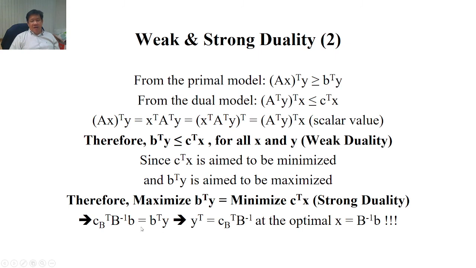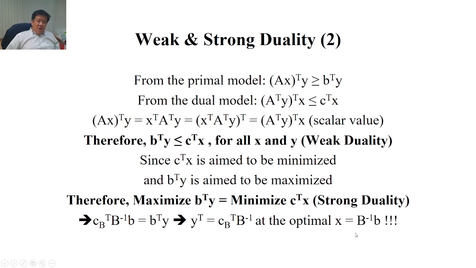So when you compare the coefficients here, this is a scalar value, so you can transpose both sides. If I transpose this side, I get Y transpose times b, and now both are the same. So it's very easy to see that Y transpose is equal to C_B transpose B inverse, which will be the optimum solution when the optimum of X is equal to B inverse b.